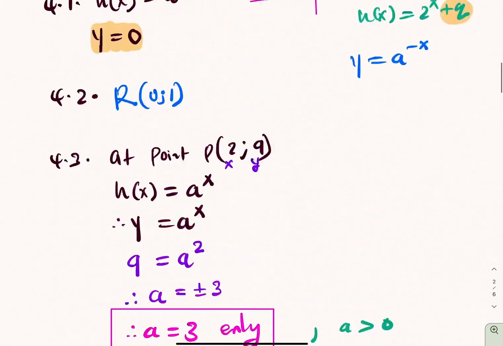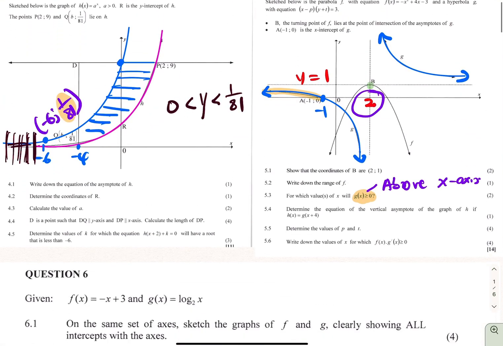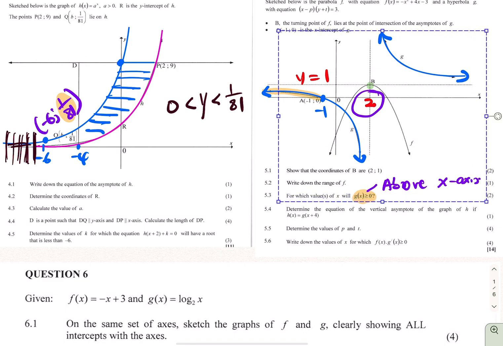Now you look at your last question, 5.6. They say write down the values of x for which f of x multiplied by the g prime of x is going to be positive. So allow me to erase some of these things here, unless I will need them.